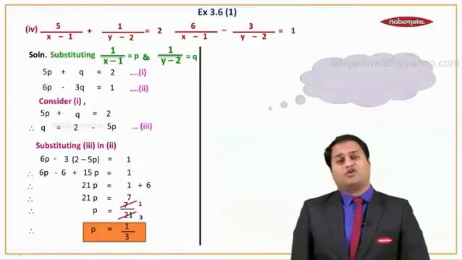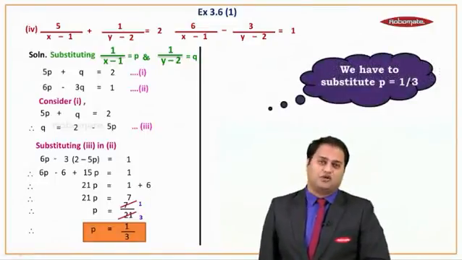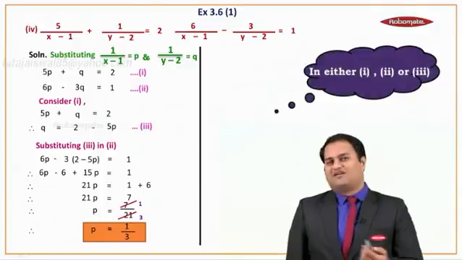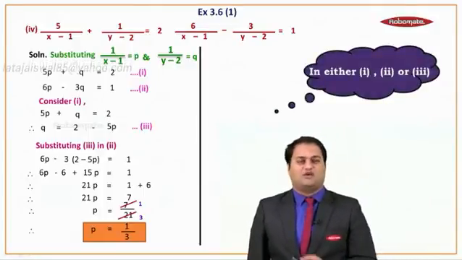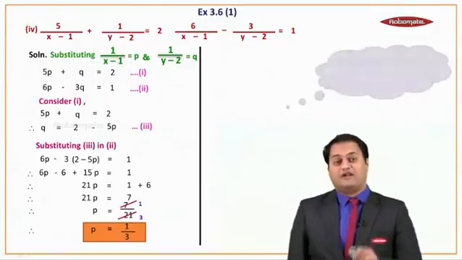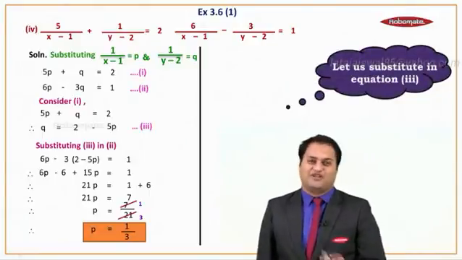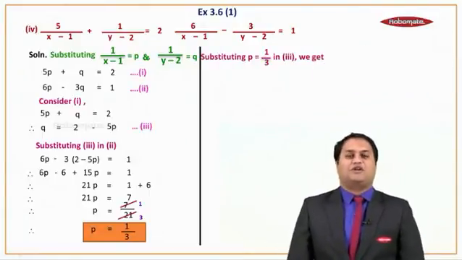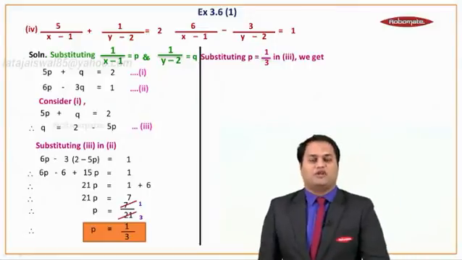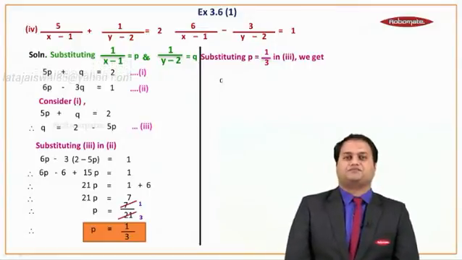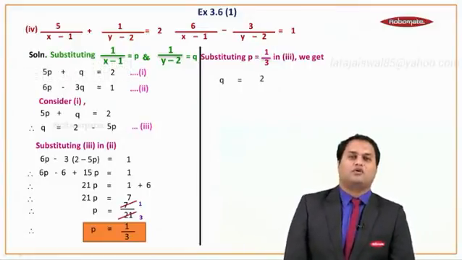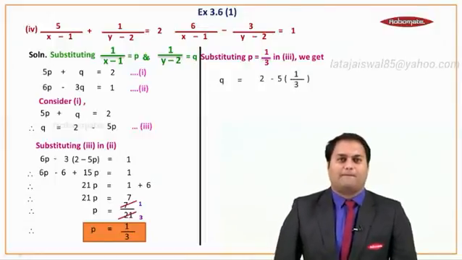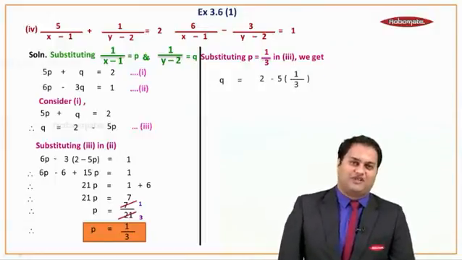To find the value of q, what do we do? Substitute p is equal to 1 upon 3. Where? Either in first equation or second equation or third equation. But which is better in this method? Equation number 3. So let's do it. Substituting p is equal to 1 upon 3 in equation 3 we get q is equal to 2 minus 5 into 1 upon 3 in the place of p.